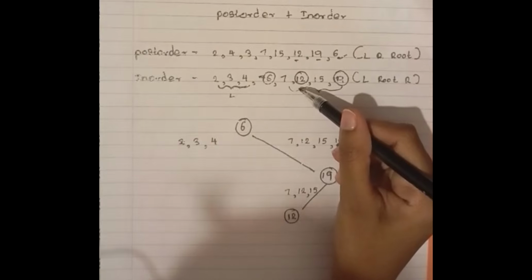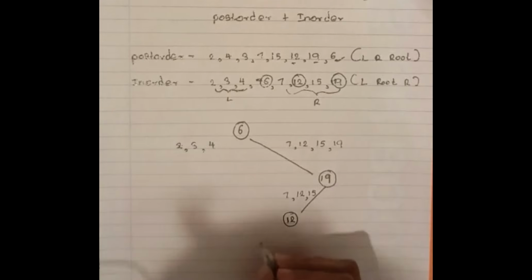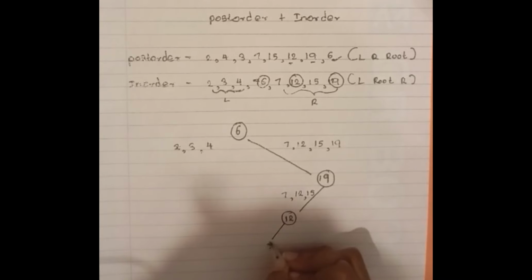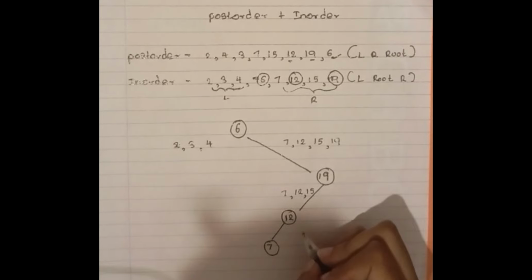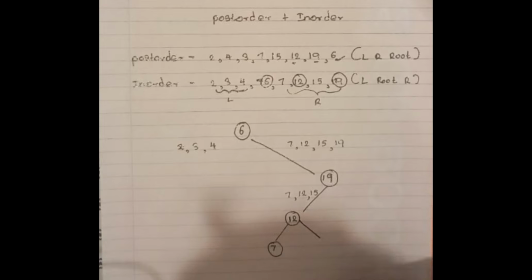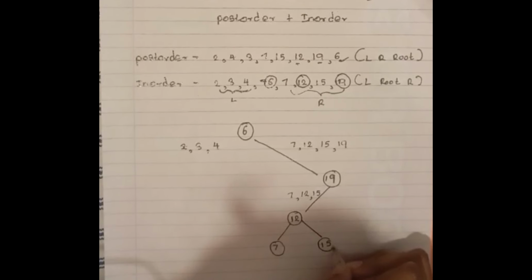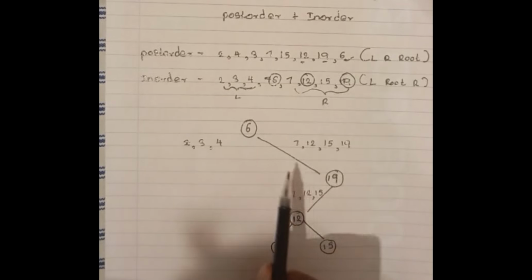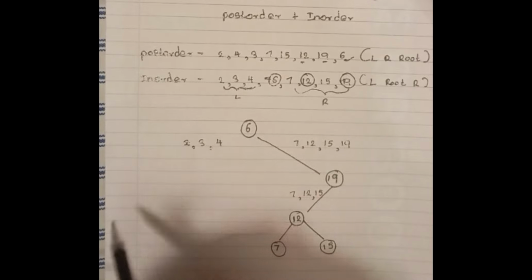As for the 12, there is the left side 7, and for the right side there is 15. Now root 6's right part is over. Let's move to the left side.